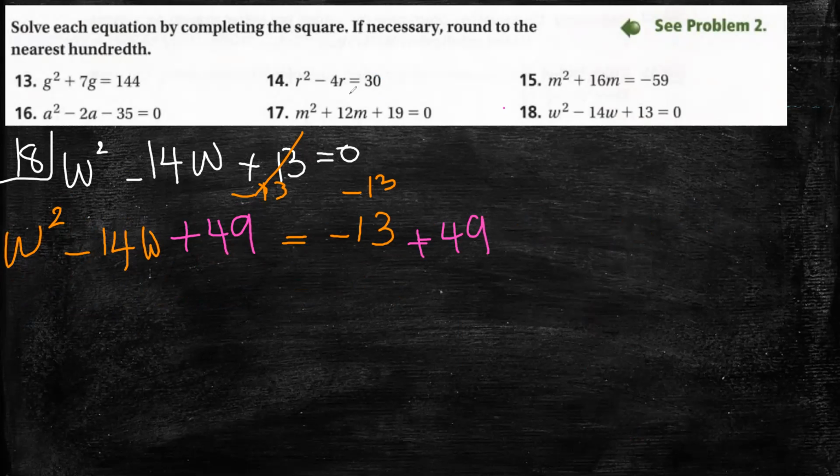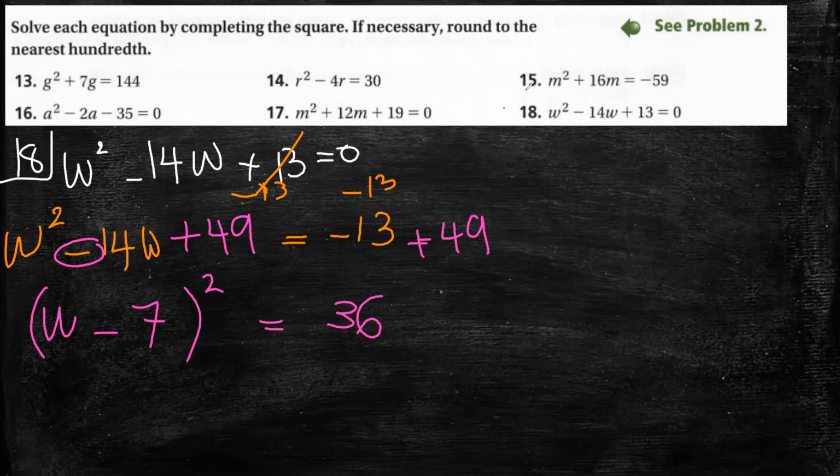Then, this one here is w squared, so I will open one bracket, take the square root of w, then the square root of 49 is 7. We have a minus sign, so put this minus sign here. So w minus 7 squared equal negative 13 plus 49, 36. Is it right? Yes.